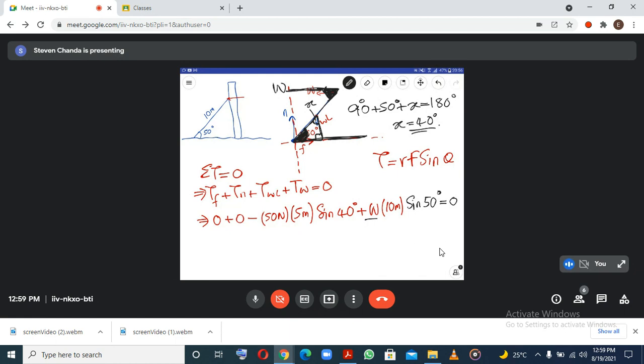So using just algebra, you make W the subject of the formula. And then of course you're going to find your answer to be 21 newtons. Let's save on time, this is just algebra, just punching on the calculator and then you get your values. So this is 21 newtons.